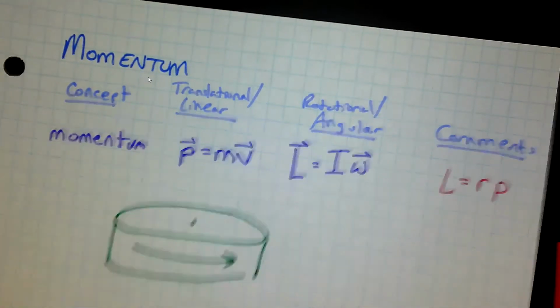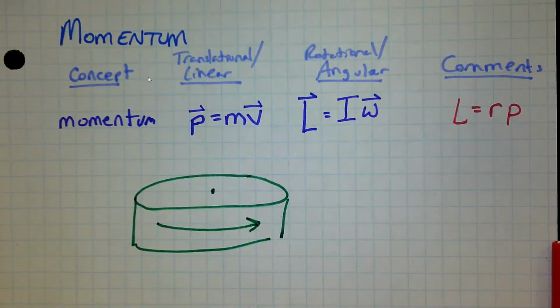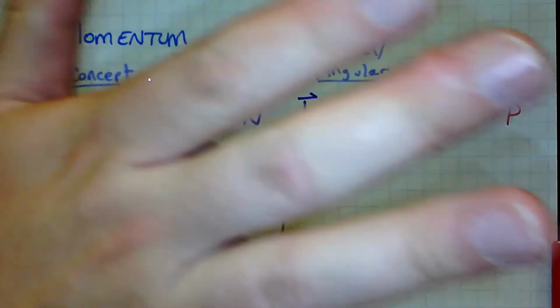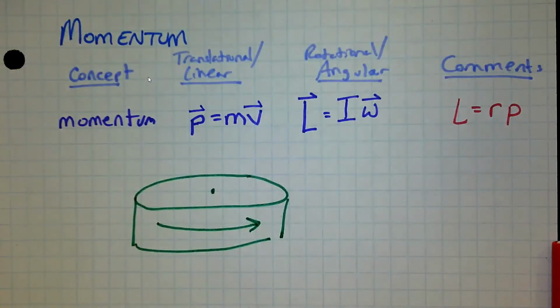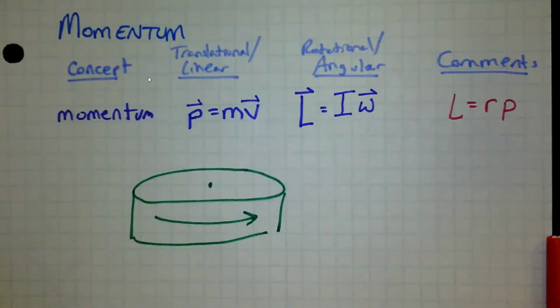If it's rotating that way, the right-hand rule says if you take your right hand and make your fingers curl in the direction of motion, then your thumb points in the direction of the vector.